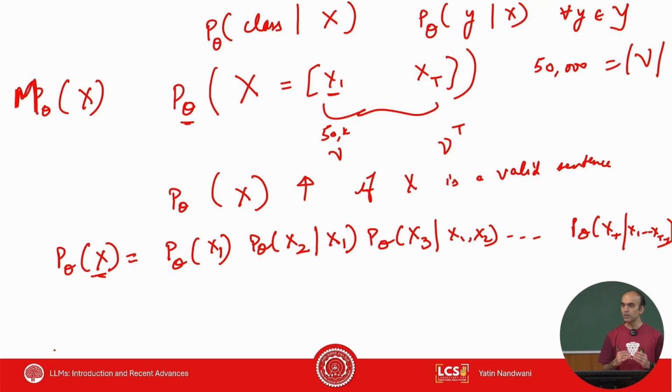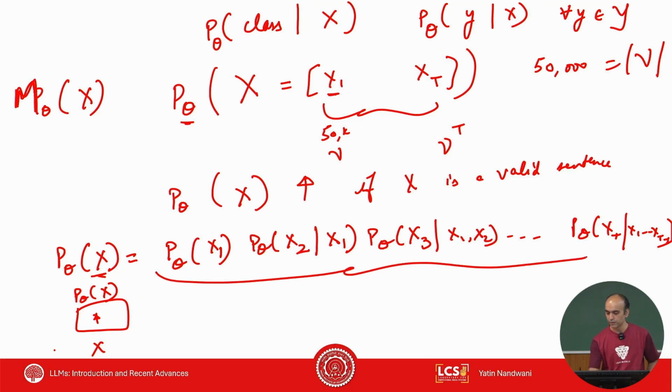So the transformer model, when I pass this X as an input to the transformer model, I want to compute P theta of X and maximize that. And the way a decoder only model computes it is by factorizing this probability in this fashion. So we get the P theta of X1, we get P theta of X2 given X1 as well simultaneously.